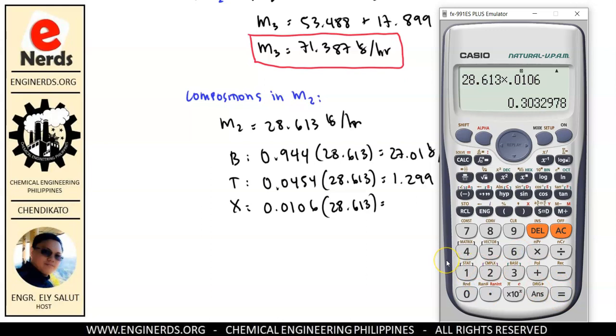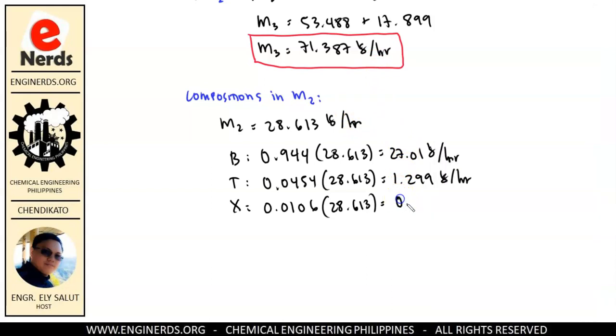So this is equal to 0.3033 kilogram per hour. Okay, so may values na tayo ng B, T and X dito sa ating M2.